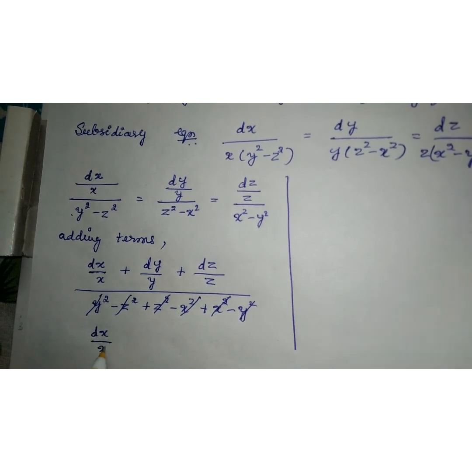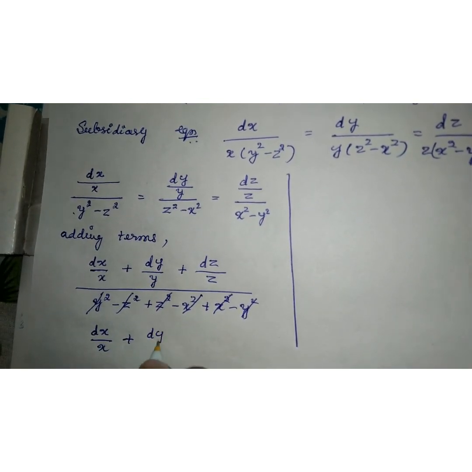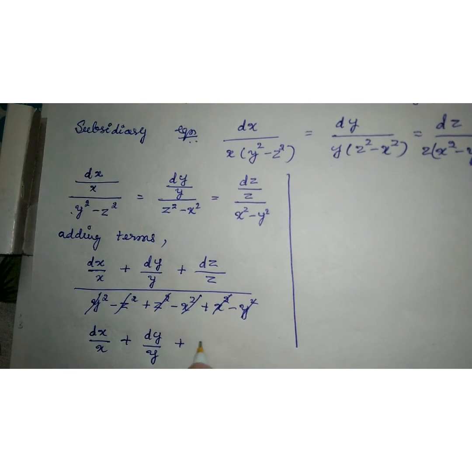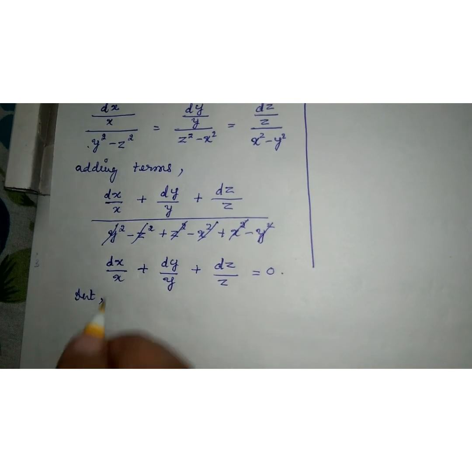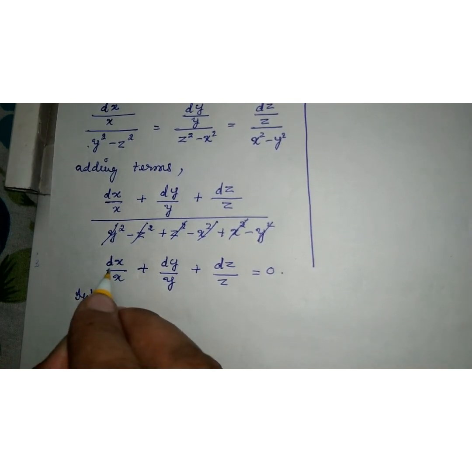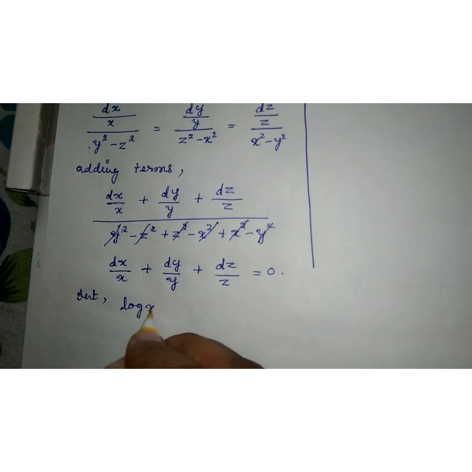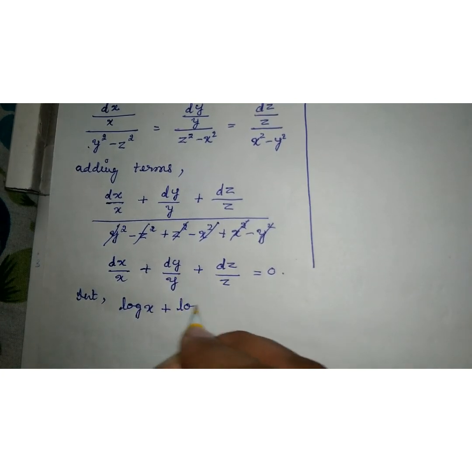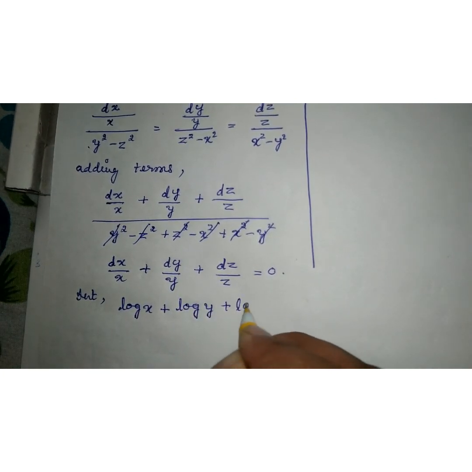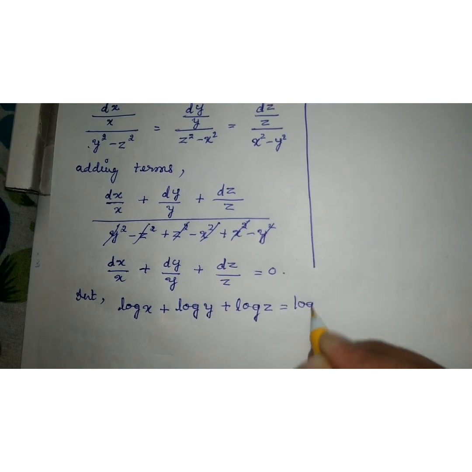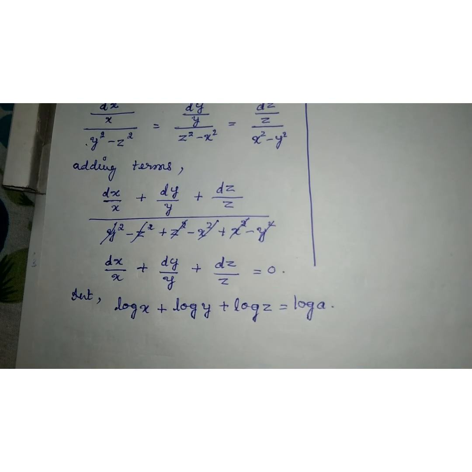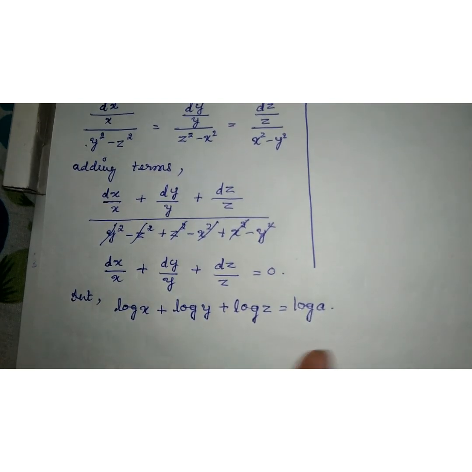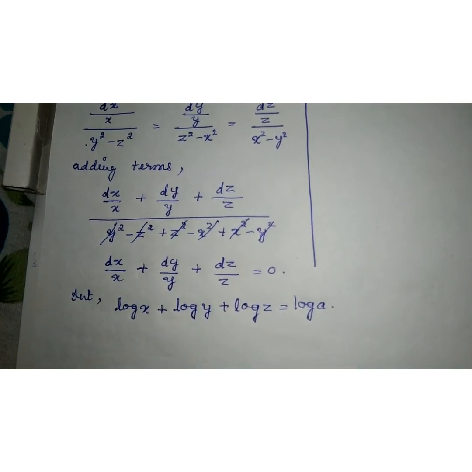So it can further be written as dx by x plus dy by y plus dz by z equal to 0. On integrating, you get log x plus log y plus log z equal to a constant. I'll take the constant as log a, just so that the logs do not trouble us while simplifying.